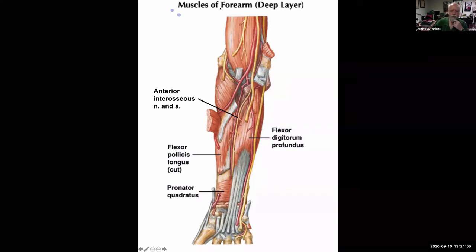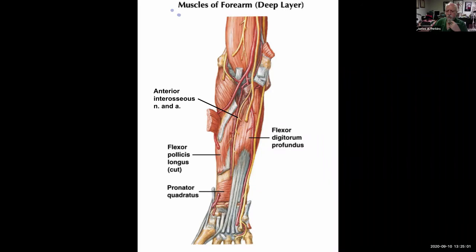Now here's another view of a couple of those muscles I just talked about. Flexor digitorum profundus over on the medial side. You can see how it splits into its 4 tendons down in the wrist. Those are passing through the carpal tunnel as they pass through the wrist.